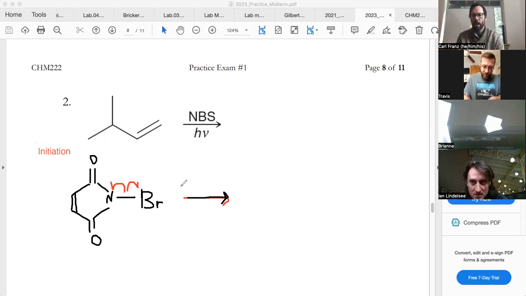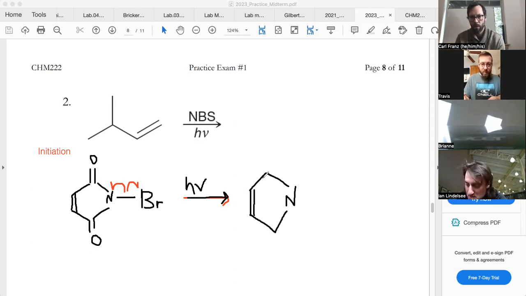Okay. So then, in the presence of more light and heat, right? We're gonna have, and this, we symbolize a radical with the dot.